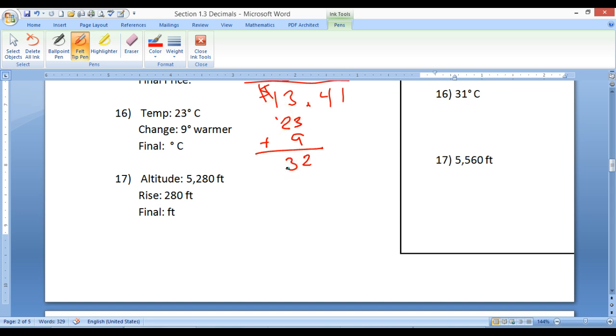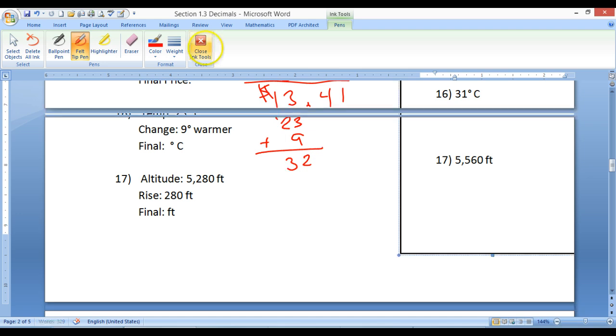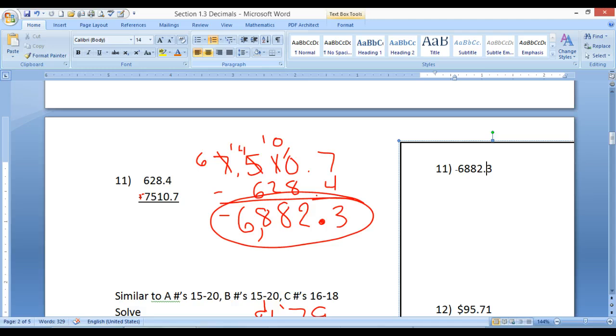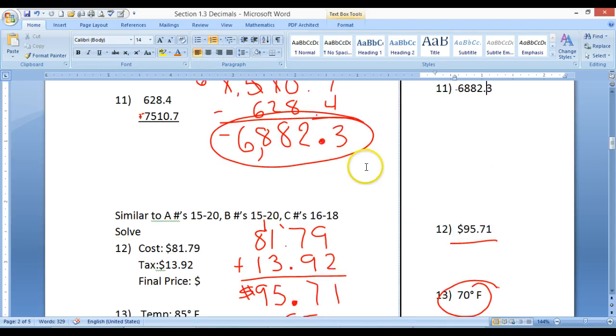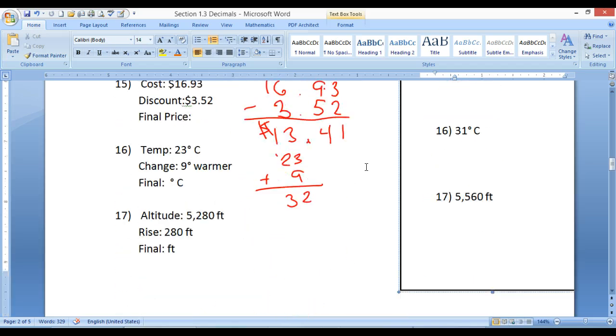So my final degree, oh, my answer is wrong over here. Again, I apologize. We need to go fix that. That should be 32 degrees. There we go, 32 degrees Celsius.